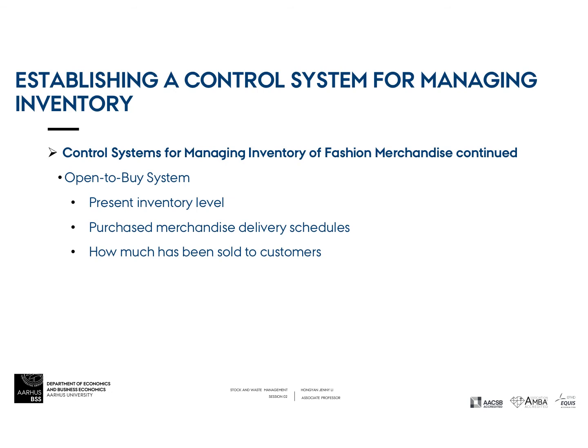Furthermore, you should have an open-to-buy system. This system presents inventory levels and the purchase and merchandise delivery schedules. So basically, you know what orders are under delivery, to avoid redundant ordering, and how much has been sold to customers.